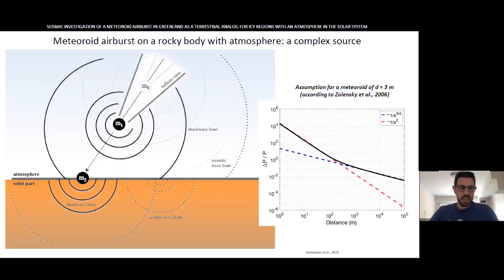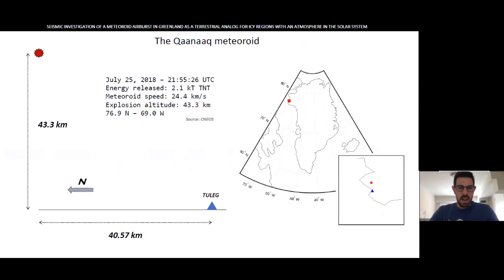In order to see the seismic waves, we can go with the next slide. First I have to show you where we detect the seismic wave. You can see the seismic station of Thule indicated with this blue triangle. It's about 40 kilometers south of the location where the final explosion of the meteoroid happened.